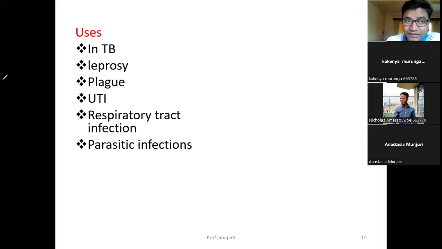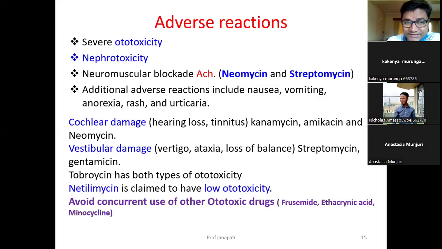Now, let us see what are the side effects. Let us discuss a little more. It causes severe ototoxicity. They have done a lot of research in this area, and they found that it is able to cause cochlear damage.